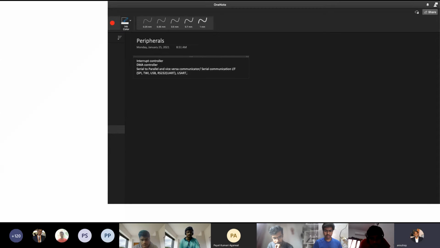SPI, USB, RS-232. Anything else? No, sir. I2C, IC to IC. Do you know I2C? It is from Philips.